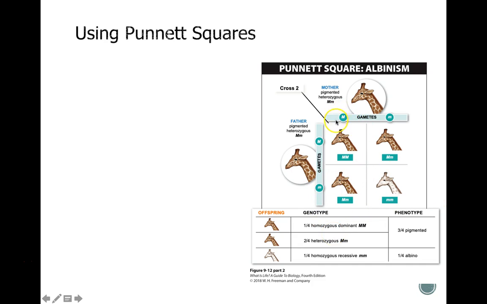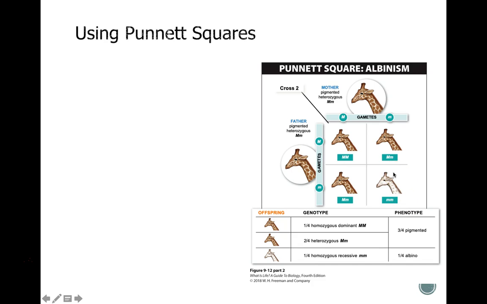So if the dominant allele from mom and the dominant allele from dad come together and fertilization happens, we end up with an individual who is homozygous dominant. That means they have 2 copies of the dominant allele. Let's go down here. If we have the recessive allele from mom and the recessive allele from dad, we have homozygous for albinism.